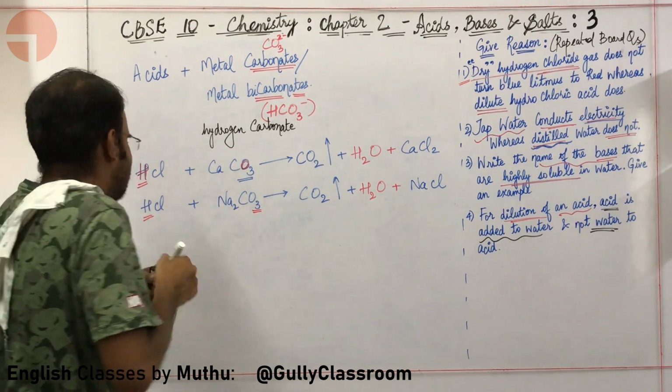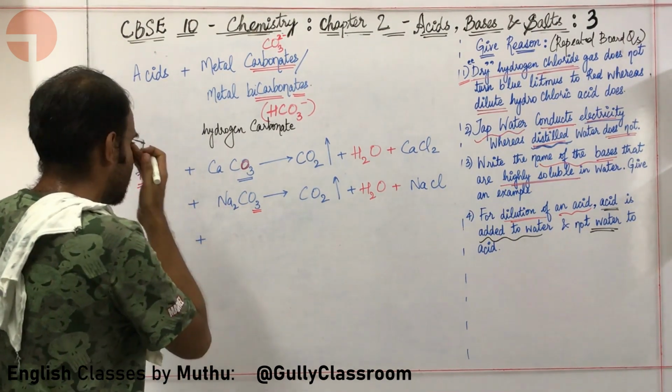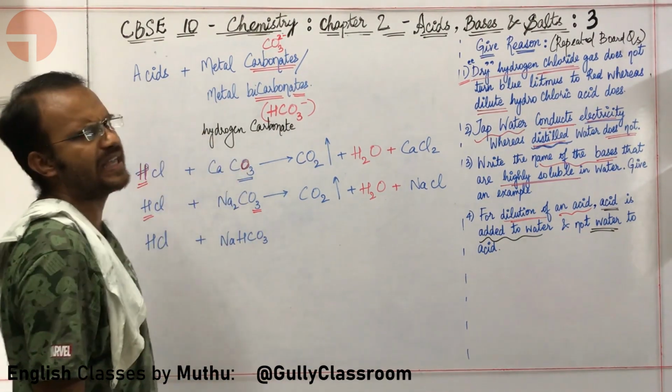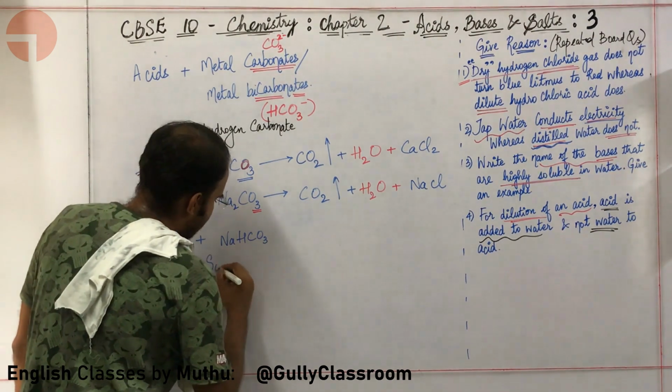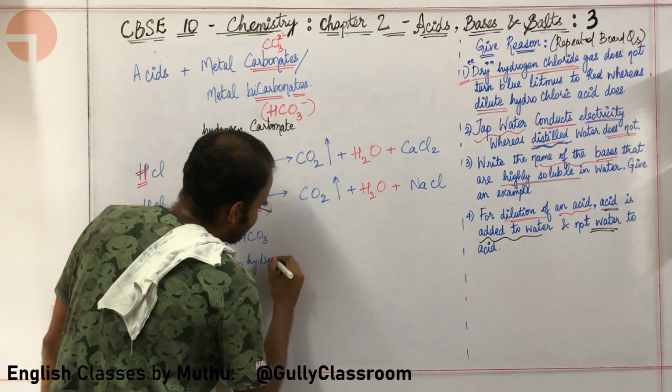What is the next example, sir? Let us take the same acid, hydrochloric acid, and put it with NaHCO3. What is NaHCO3? NaHCO3 is simply sodium hydrogen carbonate.